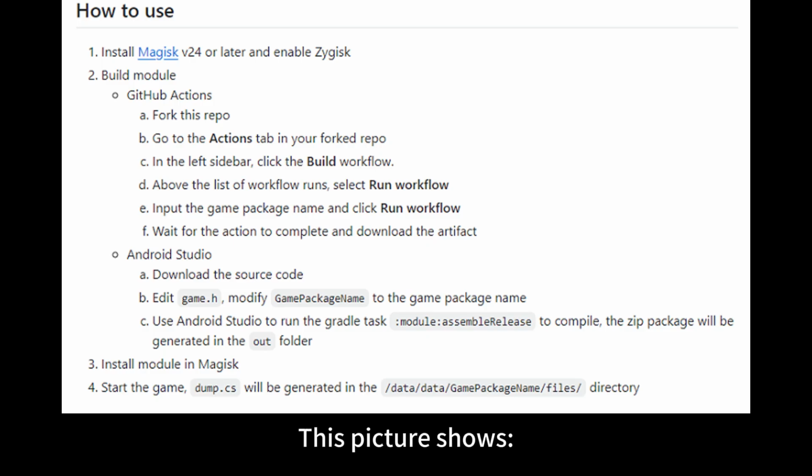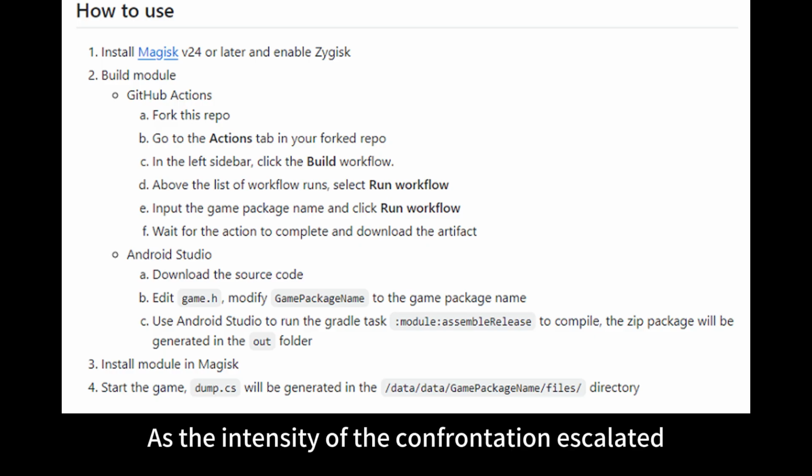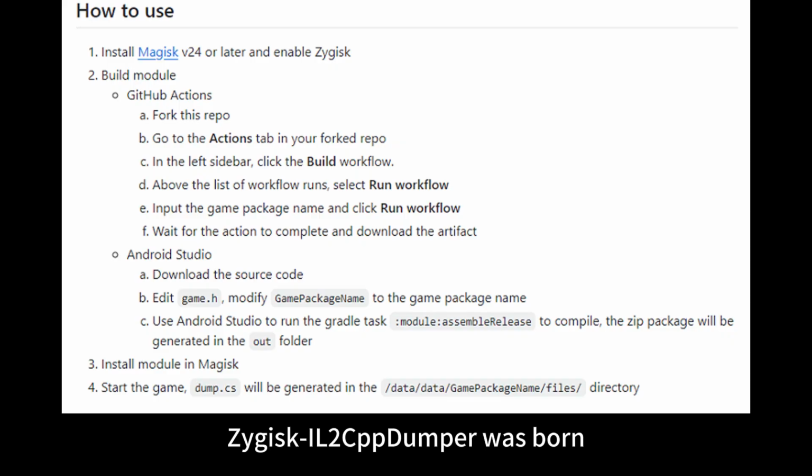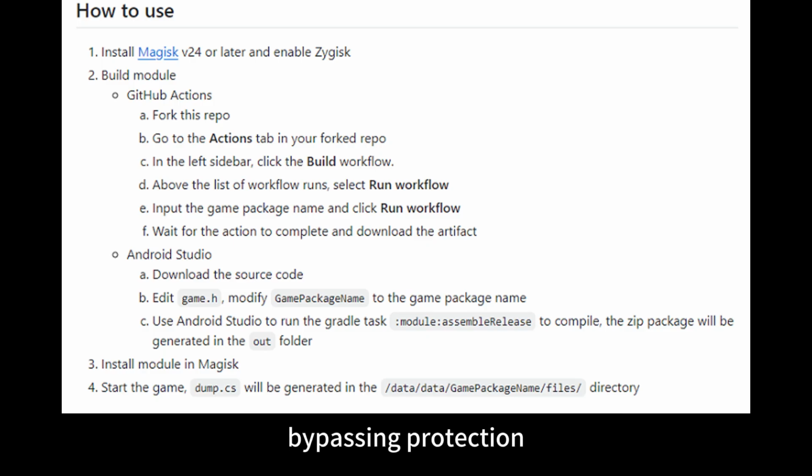This picture shows the reverse engineering tool JikGuard Il2CppDumper. As the intensity of the confrontation escalated, JikGuard Il2CppDumper was born. It can dynamically dump function names and function offsets during game execution, bypassing protection, encryption, and obfuscation.